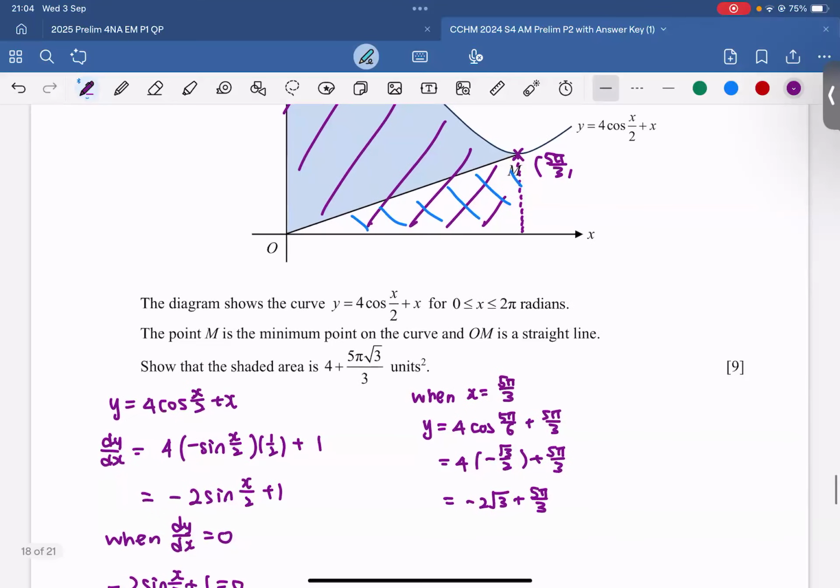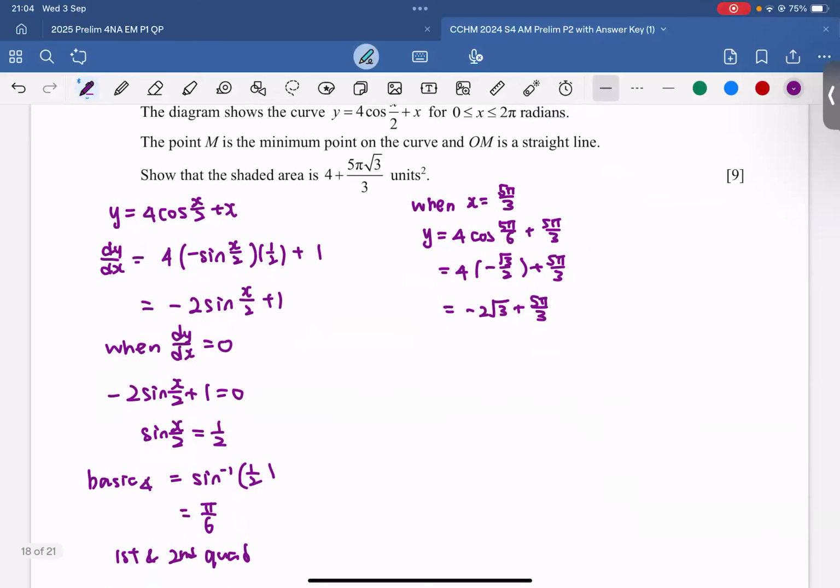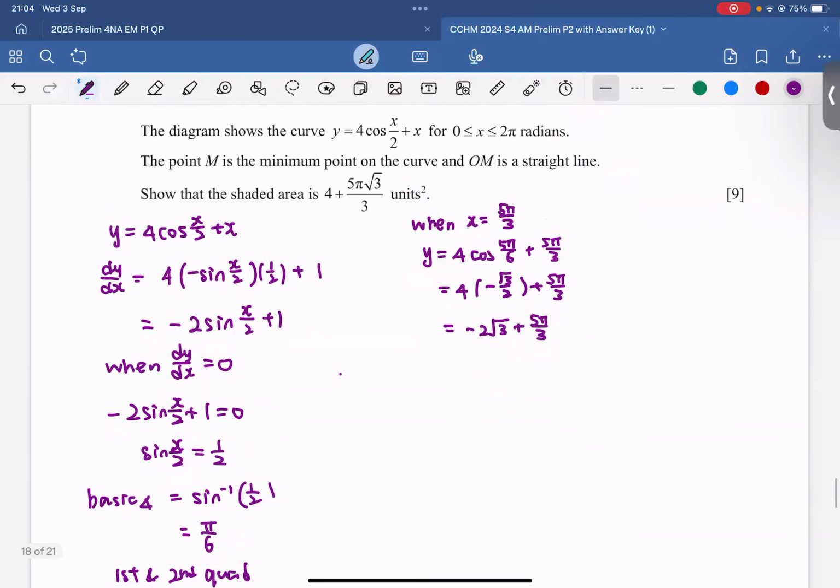Okay, so now to find the shaded region, I will integrate from 0 to 5 pi over 3, minus away the triangle, half times base times height.